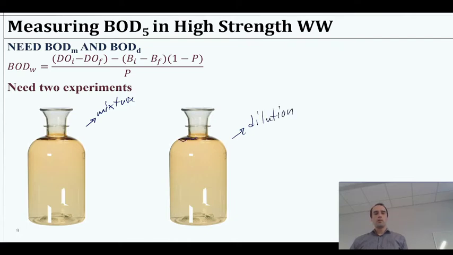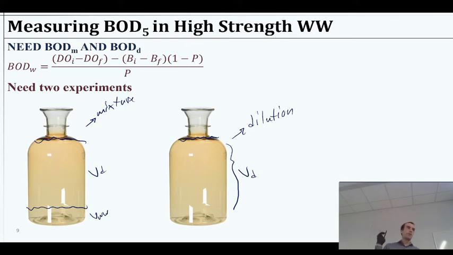So this one's full, and this one is full also, but some of that is wastewater and some of that is dilution water, right? So I'll just say we have some volume of the wastewater and some volume of dilution. This entire thing is volume of dilution. Okay, so we're going to do these 2 experiments at the same time.